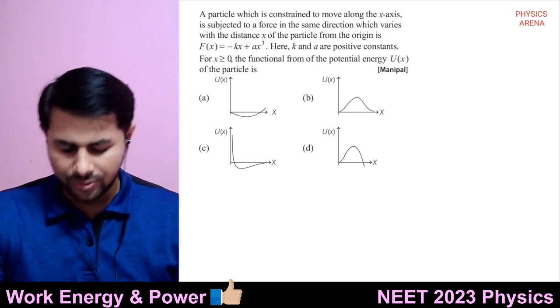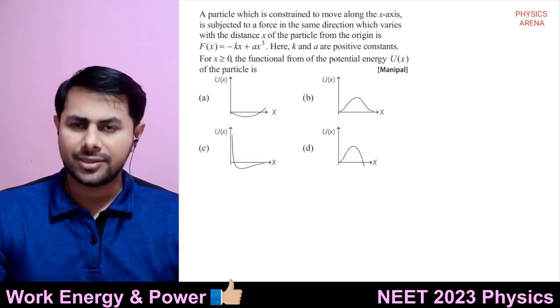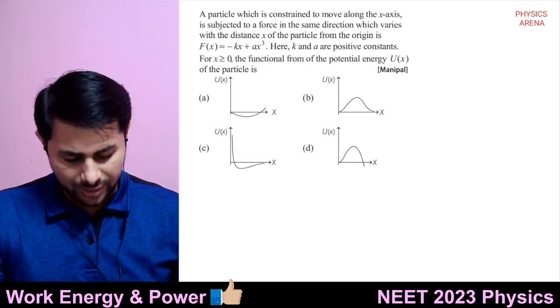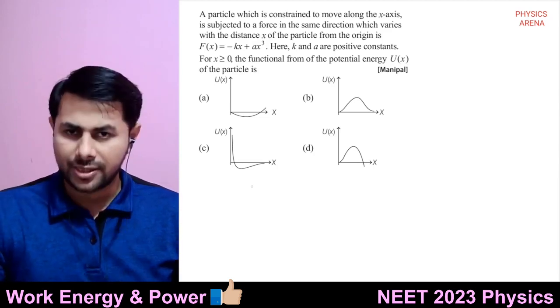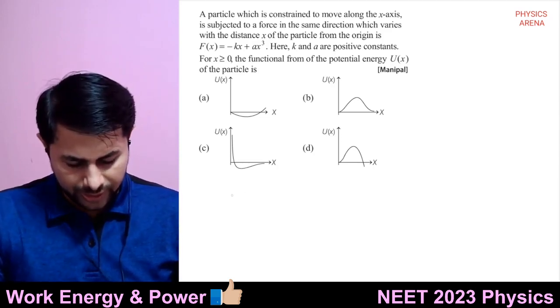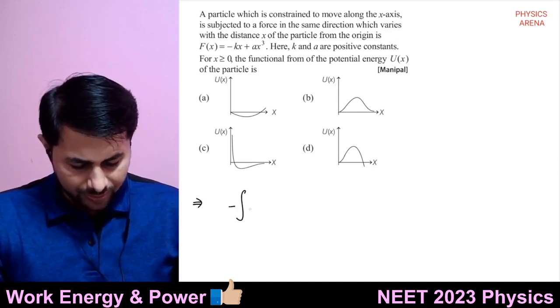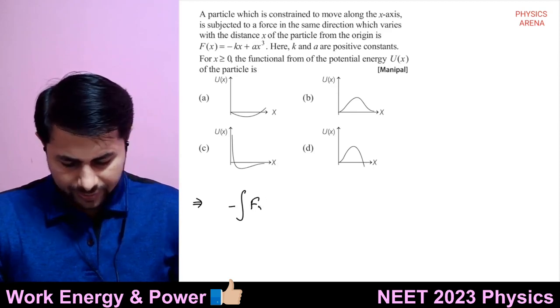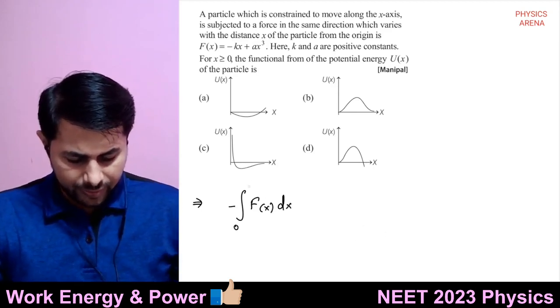So what do we need to do? Let's integrate this. We know the relation between potential energy and the conservative force. The relation is the integral of minus F of x dx from 0 to x.